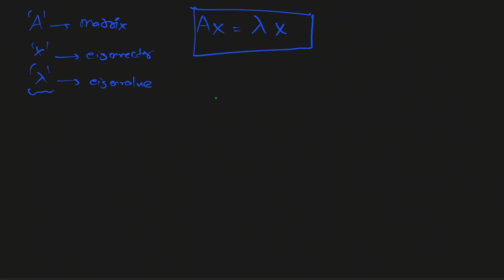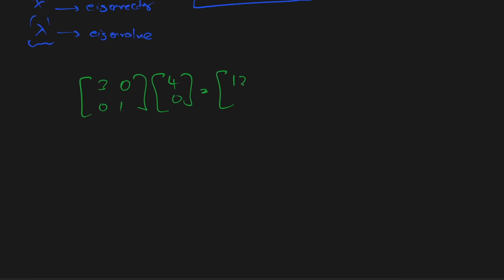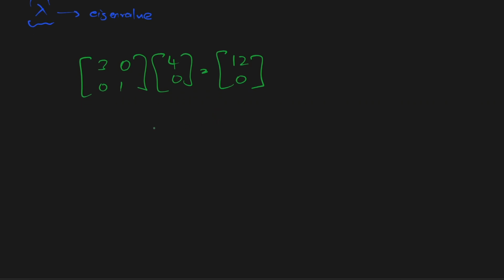Now if I multiply the transformation matrix 3, 0, 0, 1 with the horizontal vector 4, 0, what I get is 12, 0 on matrix multiplication. Now if I look at it carefully, 3, 0, 0, 1 multiplied with 4, 0 doesn't give me 1 times 4, 0. The vector doesn't remain of the same magnitude, but it becomes thrice of what its magnitude is. It becomes 3 times 4, 0.